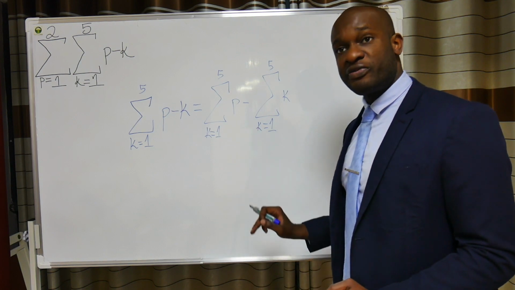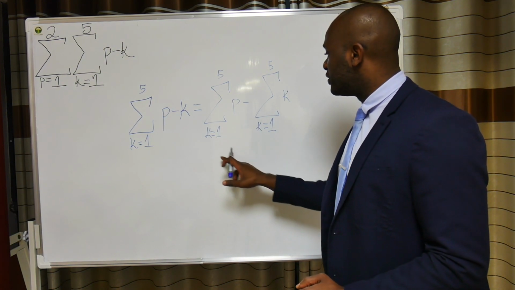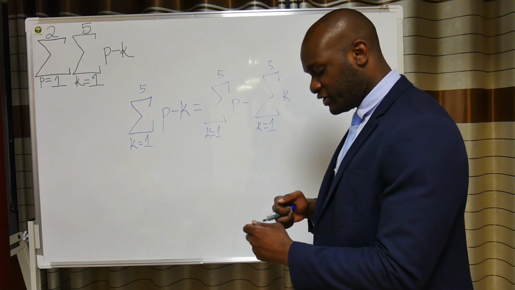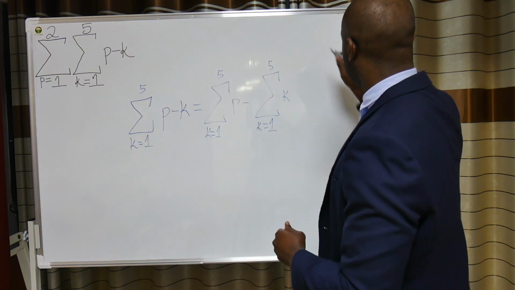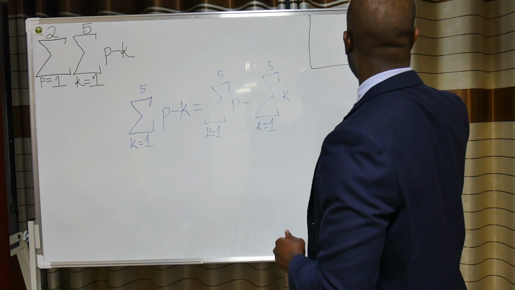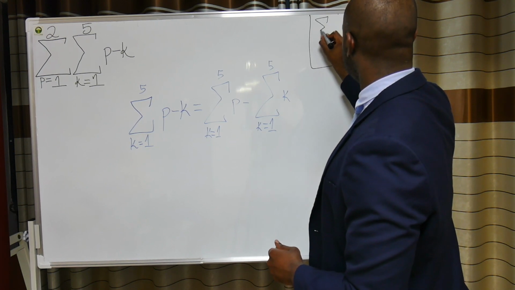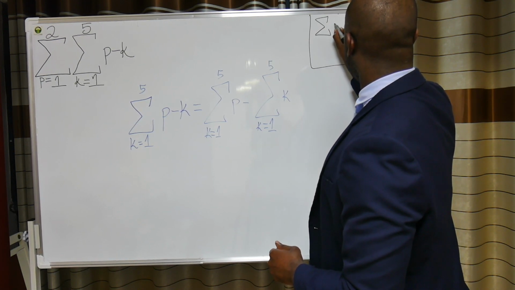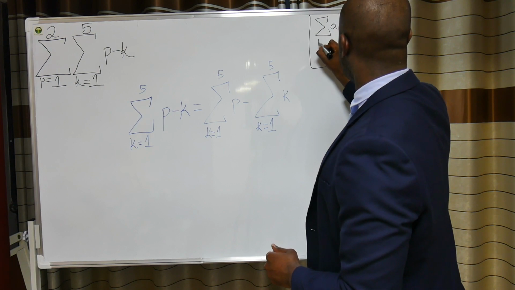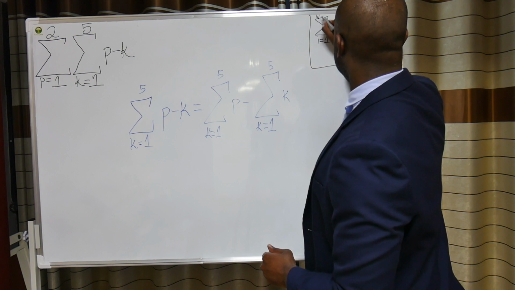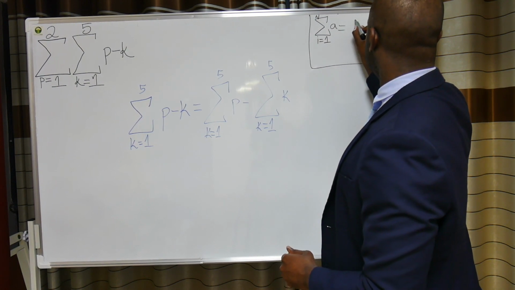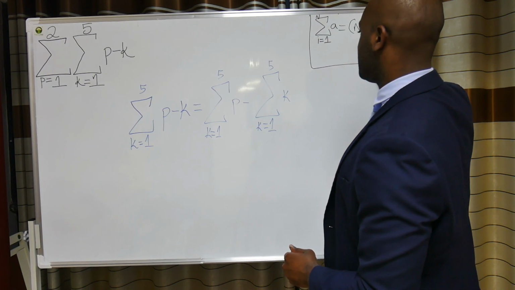Why don't we go ahead and first solve the summation of p from k equals 1 to 5. In order to do this, we can use this summation formula right here, which says that if we have some summation, let's say a, starting from i equals 1 up until some integer n, then this is just going to be equal to n times a.